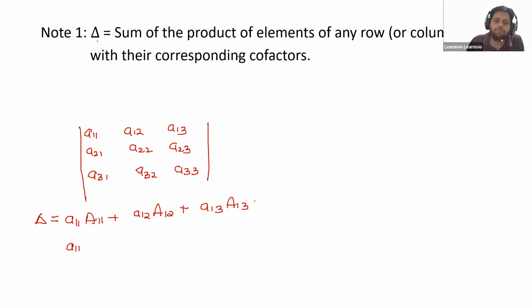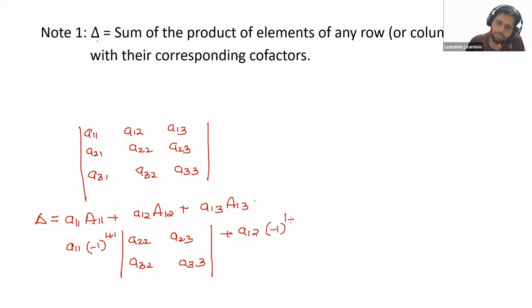Now to find the value of the cofactor, we multiply by -1 to the power 1 plus 1. And how do we find A11? A22, A23, A32, and A33. Now for the second one, A12. For this cofactor, we multiply by -1 to the power 1 plus 2, and then A21, A31, A23, and A33.